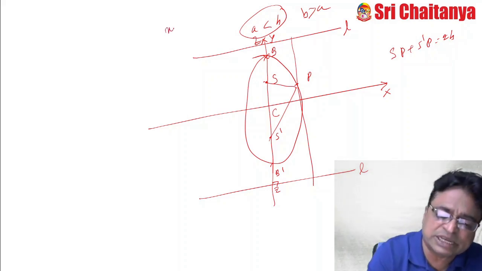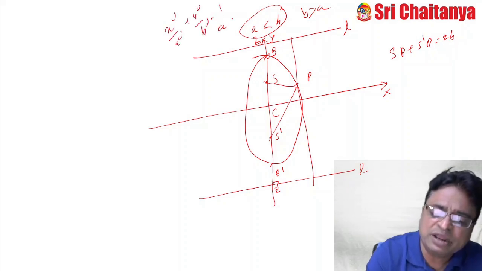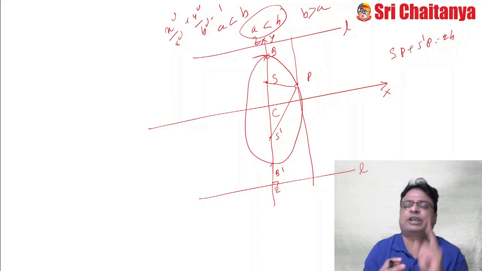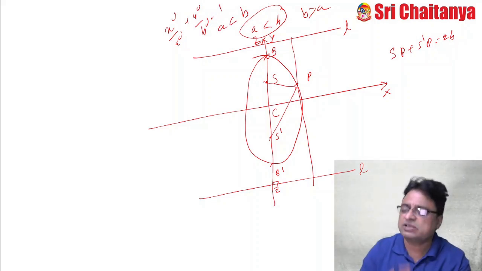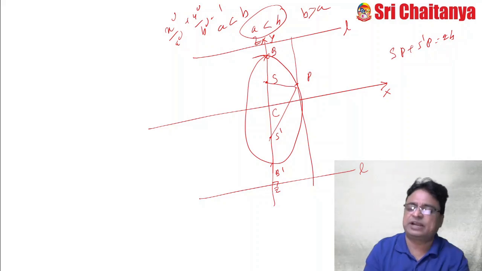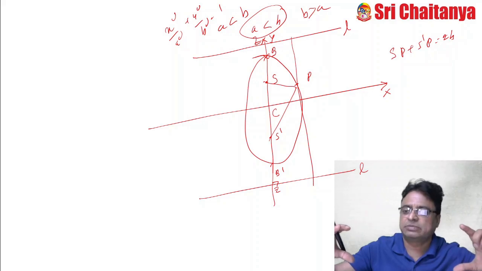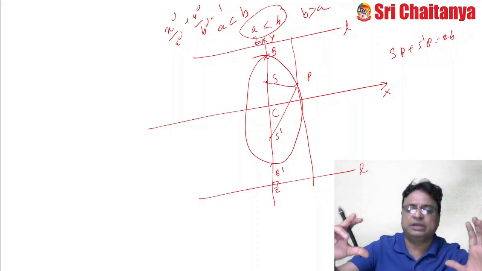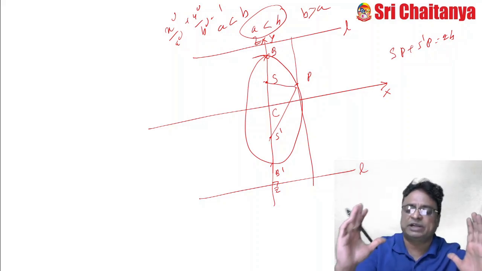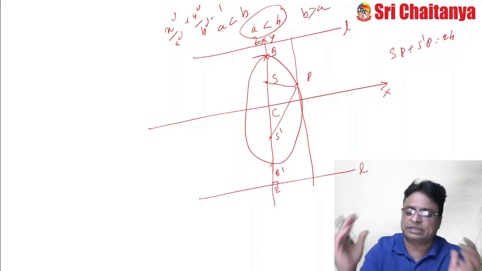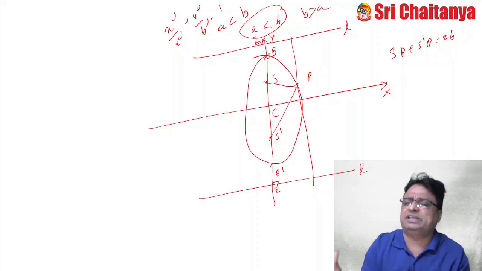This is called the ellipse x square by A square plus y square by B square equal to 1, where A is less than B. Whenever we talk about an ellipse, whether it is the A greater than B case or the A less than B case: if A is greater than B, immediately imagine the major axis along the x-axis and draw a convenient figure. Then immediately identify the vertices, the foci, the directrices, the length of the latus rectum, everything.